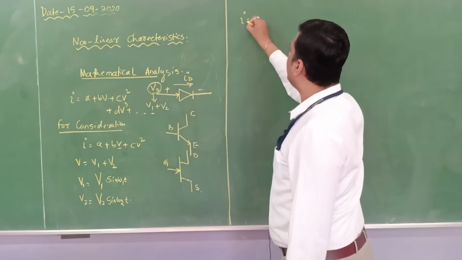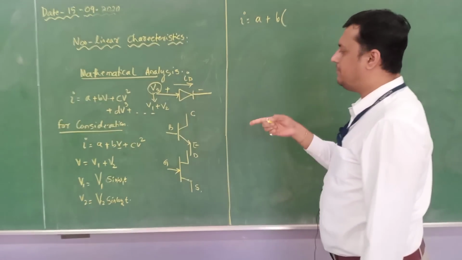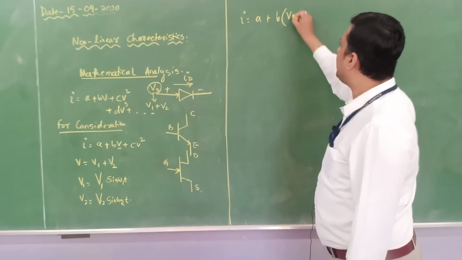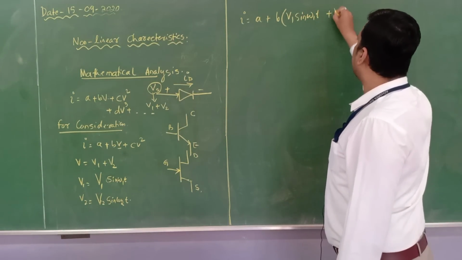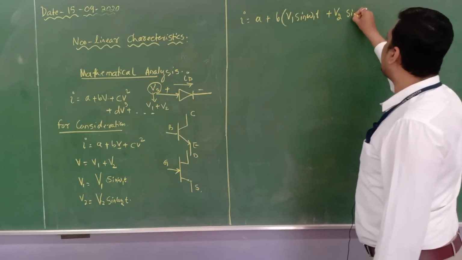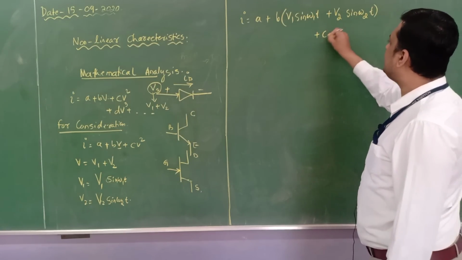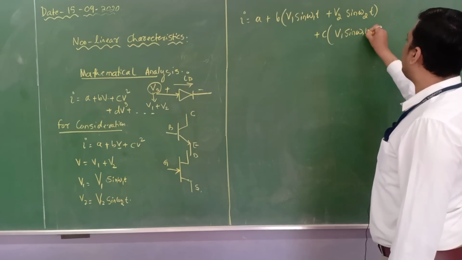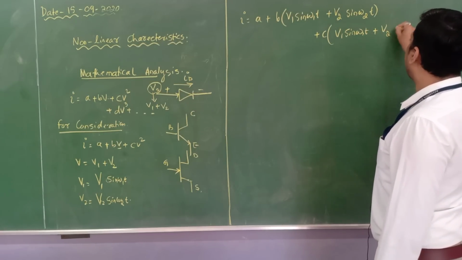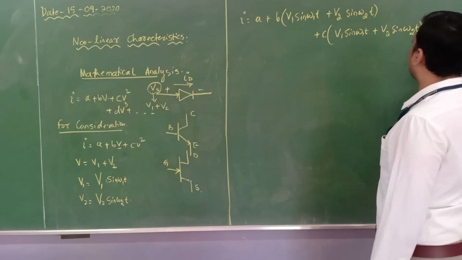So I equals A plus B. In place of V, I will write V1 sine omega 1t plus V2 sine omega 2t, plus C into V1 sine omega 1t plus V2 sine omega 2t whole square.